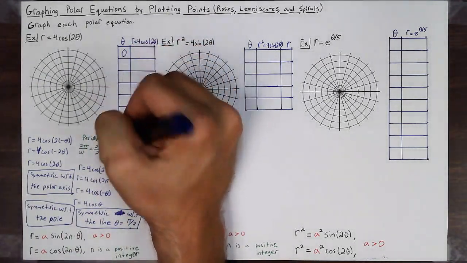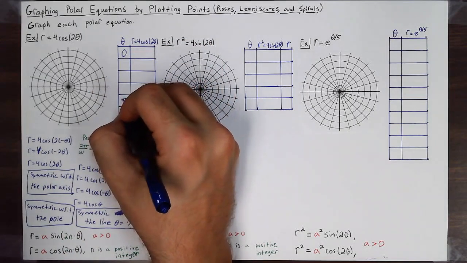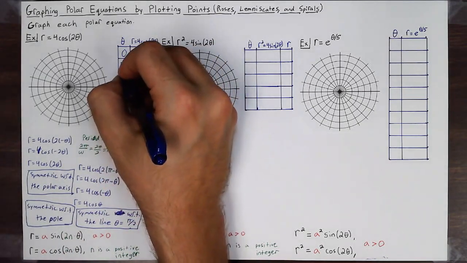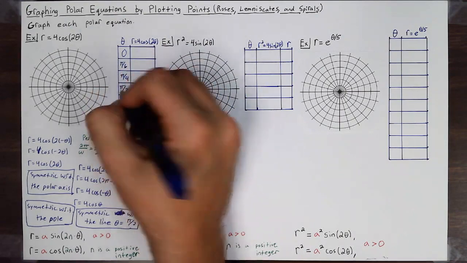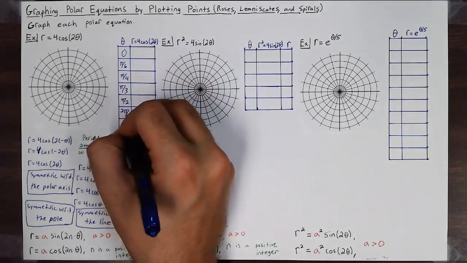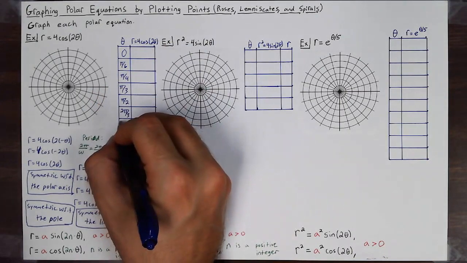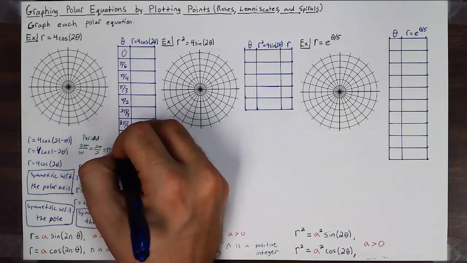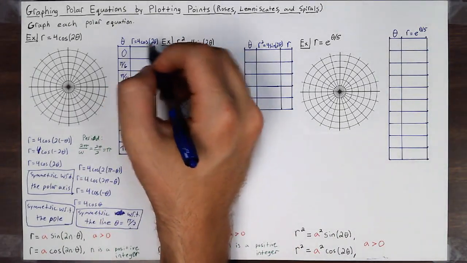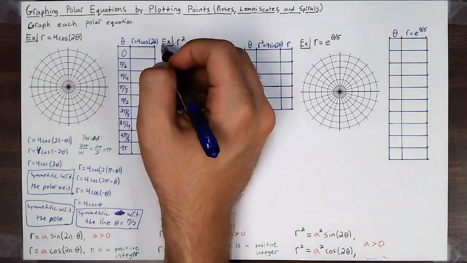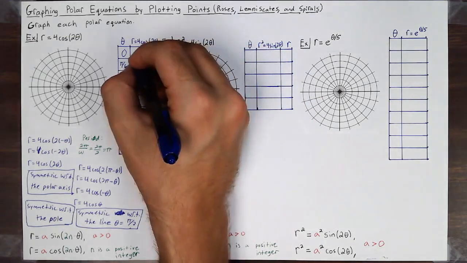So between 0 and pi, we have pi over 2. And then the unit circle angles between those are pi over 6, pi over 4, pi over 3, then 2 pi over 3 after pi over 2, 3 pi over 4, and 5 pi over 6. So if I were to plug in 0, that'd be 4 cosine of 0, which is 4 times 1, so 4.